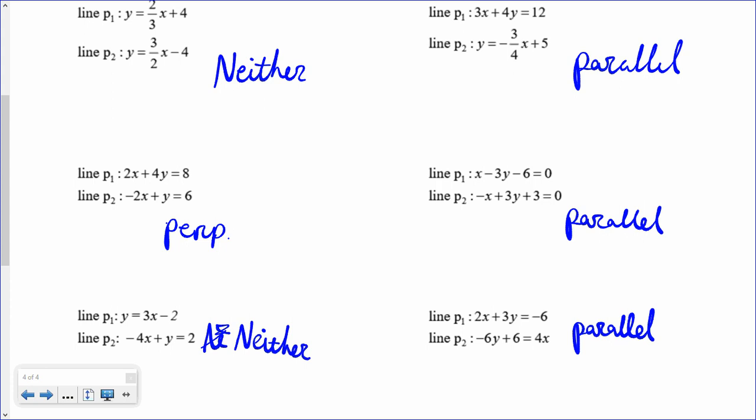I got 4. Started with 6,000. I ended with 5,000. It was short.